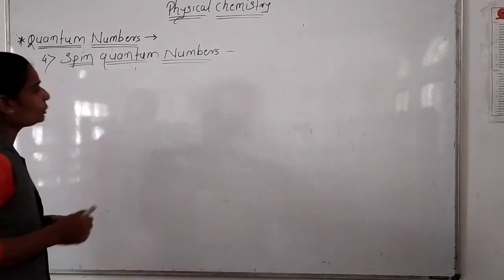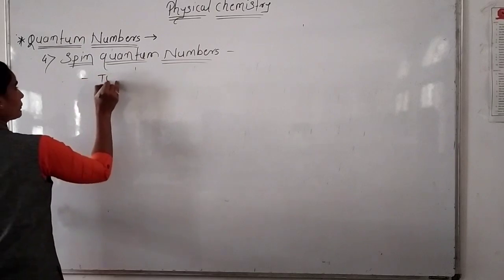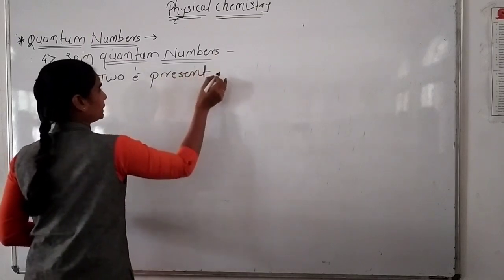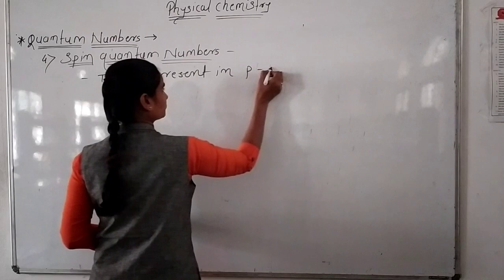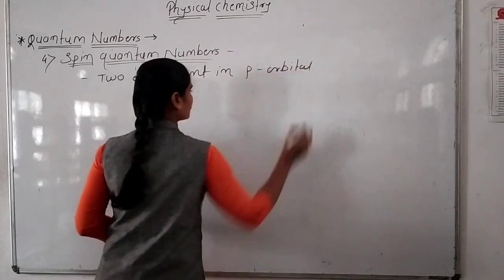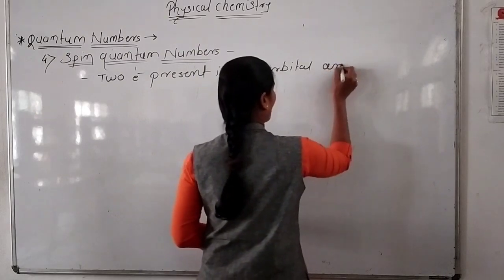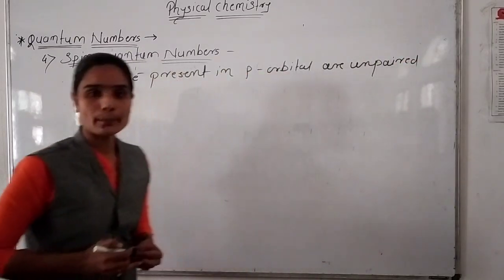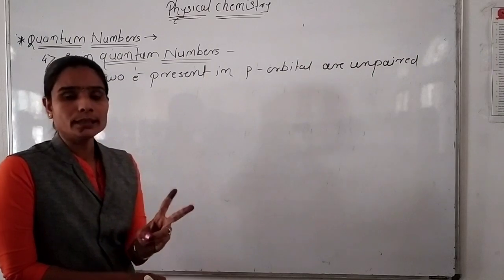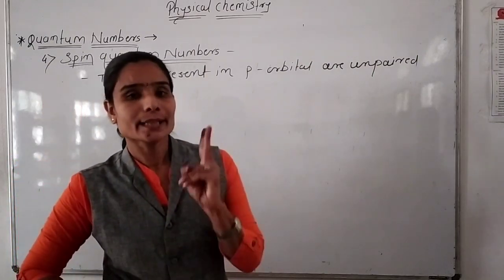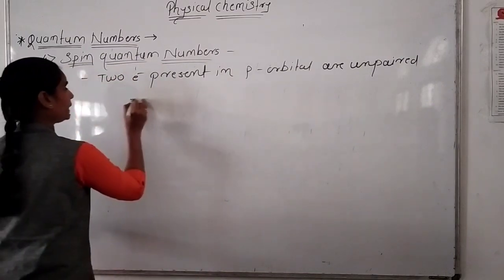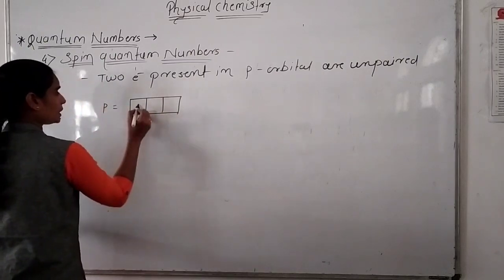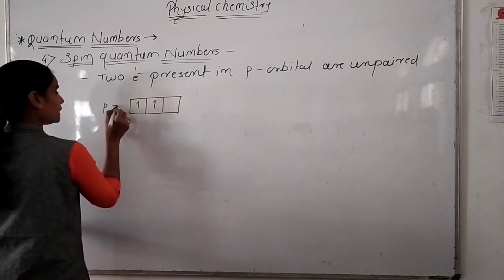Suppose there are two electrons present in the p orbital, and these two electrons are unpaired. This is the first electron and this is the second electron.